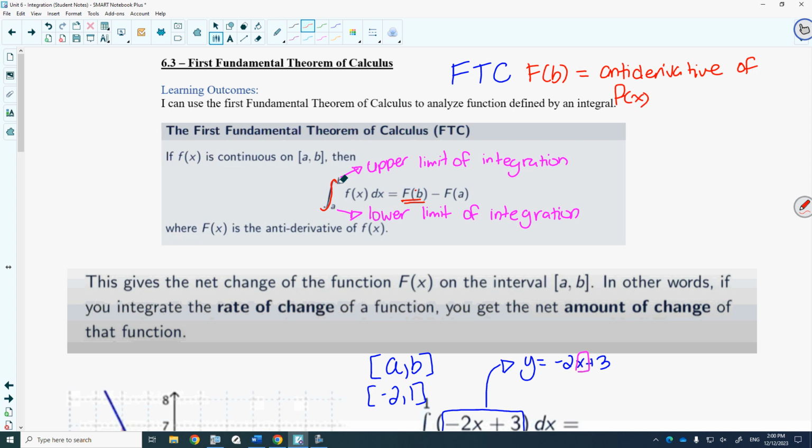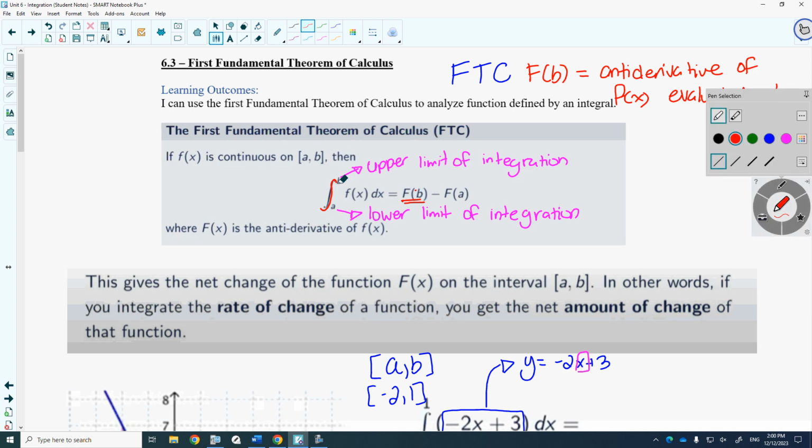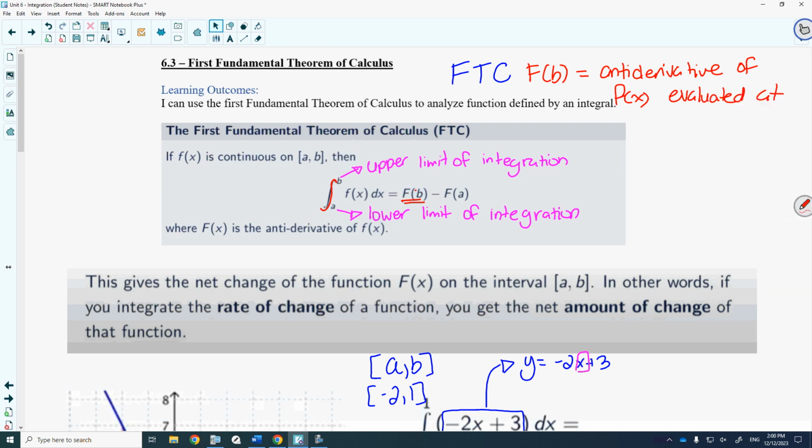We're going to have to go back to lesson 1. The antiderivative of f of x evaluated at the upper limit of integration, which is whatever value b is on our interval.